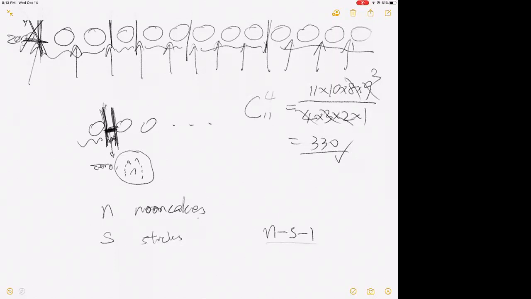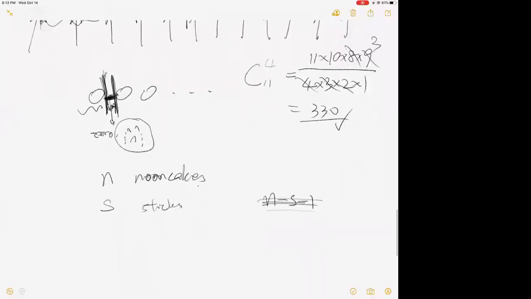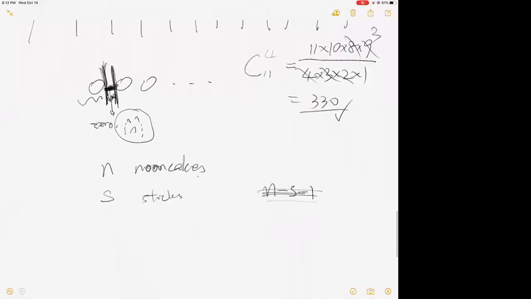Oh, no, let's do your way. I need to reference it so that you know that there are n minus s minus 1 mooncakes and s sticks.